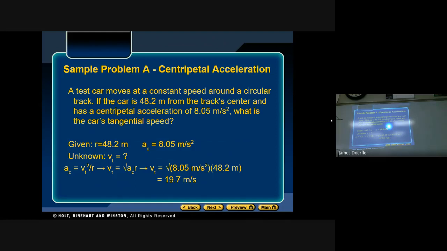You'll have a tangential speed of 19.7 meters per second. Pretty simple, but I still want us to open up our books to page 236.